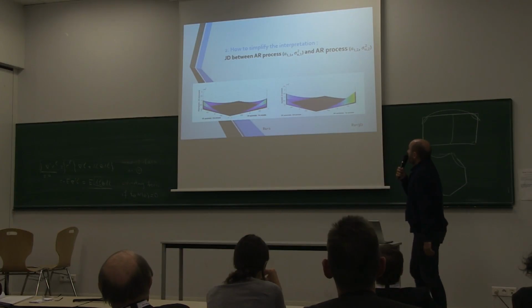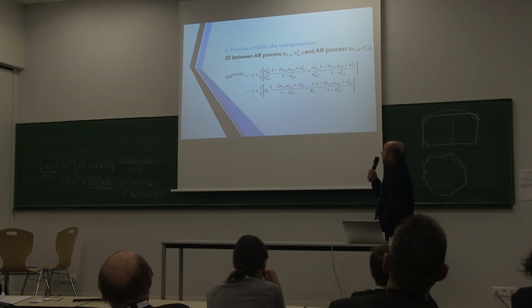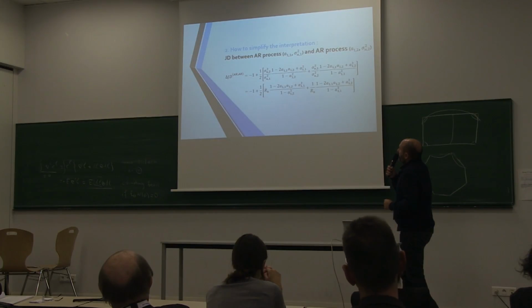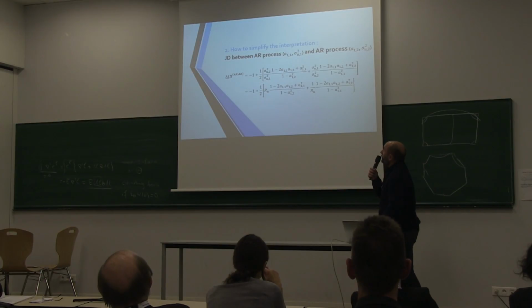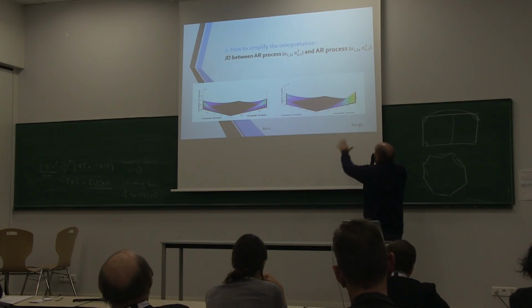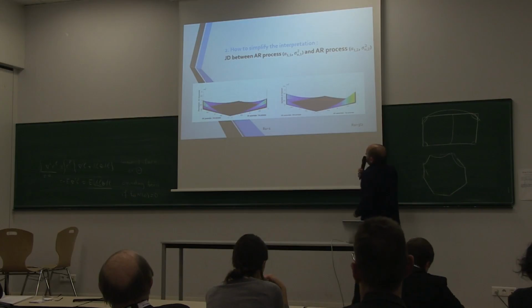Here are some examples. You can see that the ratio between the variances of the driving processes has an influence on the shape of the GD when we make the AR parameter vary in the interval -1, 1. You can see that we have different types of shapes.